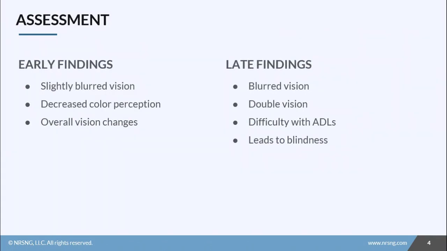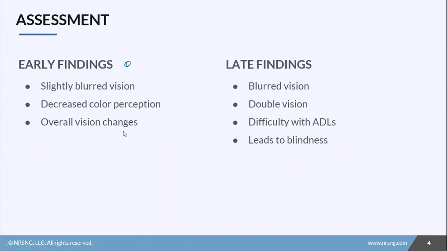Okay, let's look at assessment findings and compare and contrast the early versus late findings. Initially, patients can report slightly blurred vision and decreased color perception. In the early stages, patients may not even notice that something's wrong. They could just think that their glasses are smudged. These changes can be so slight that they go unnoticed.